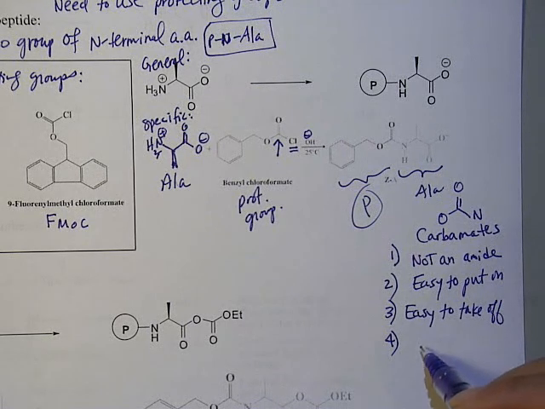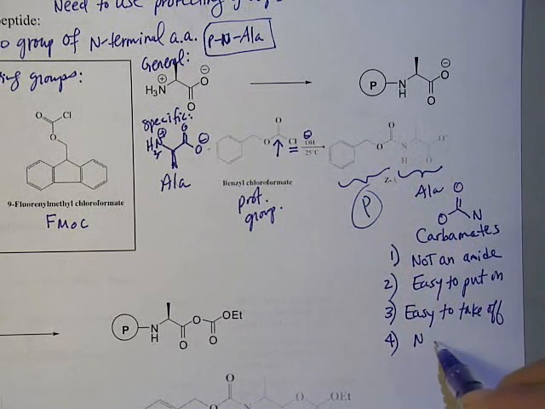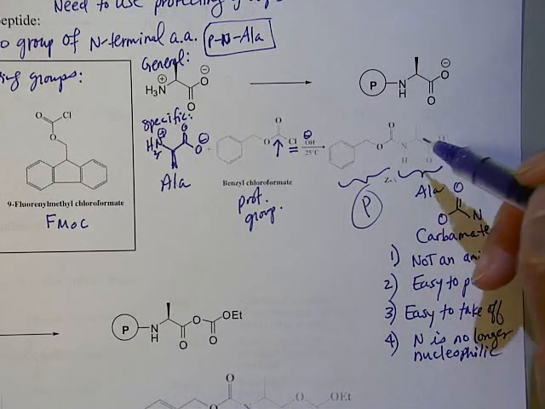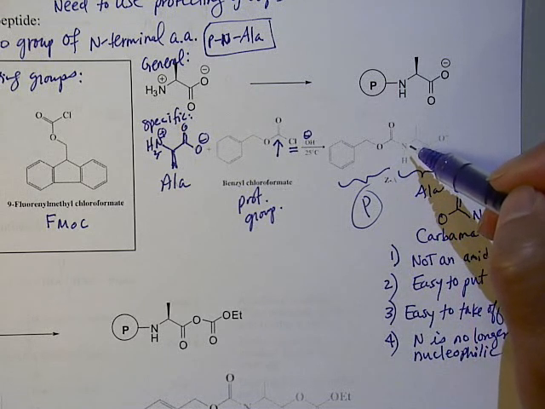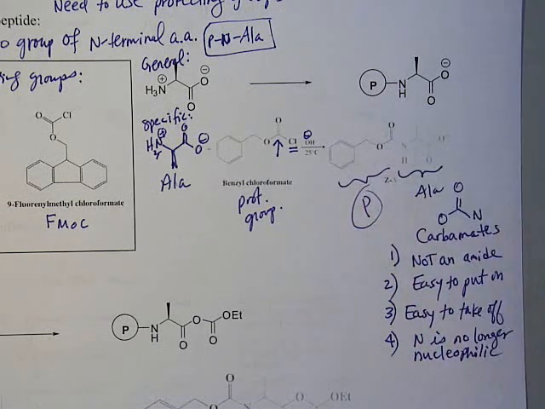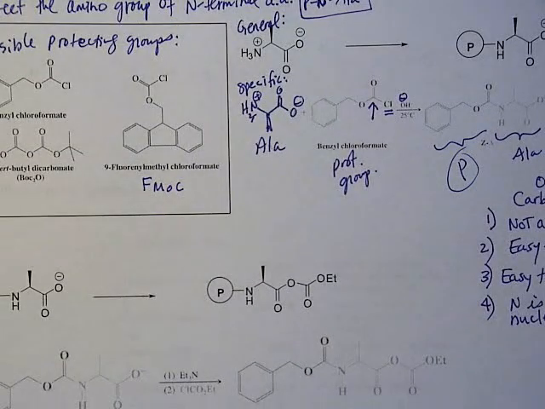And the NH2 in this carbamate, the nitrogen is no longer nucleophilic. All right, so that's good because we don't want that nitrogen to be able to go and react later on. So we're making sure that the protecting group is protecting the amine, right? So that's why the carbamates are the protecting group of choice, all right?